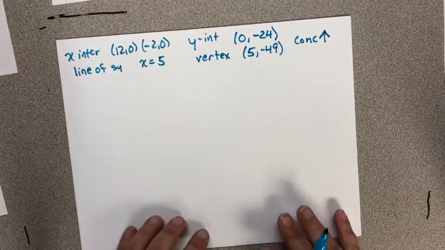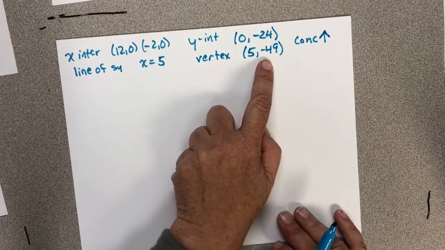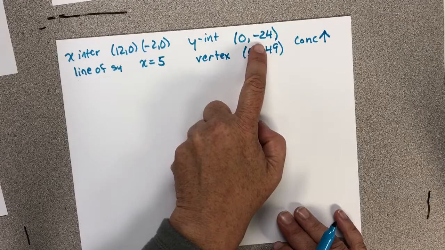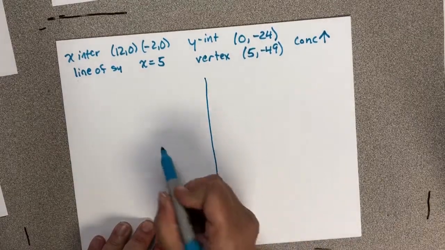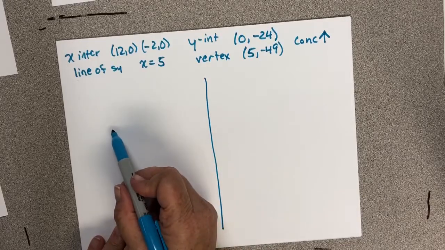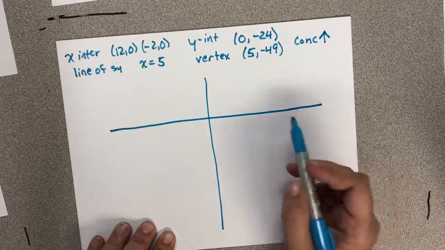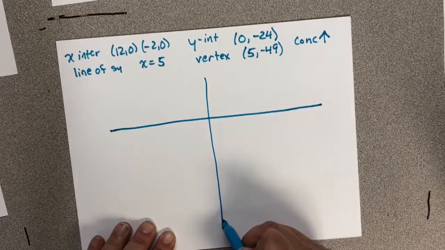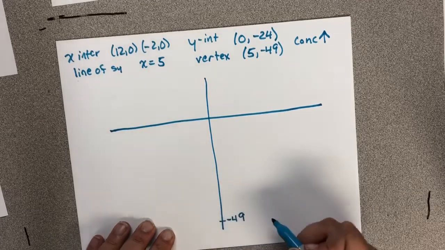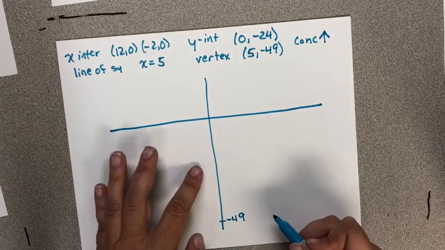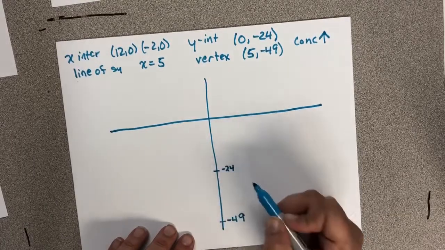So I'm going to sketch an x and y axis, and I'm going to notice that I need negative 49 and negative 24 to make this work. So you know what? I'm going to put my x-axis a little higher than usual. Since negative 49 is my largest y value, I'm going to put that here. Negative 24 is approximately halfway, so I'm going to mark the negative 24 here.